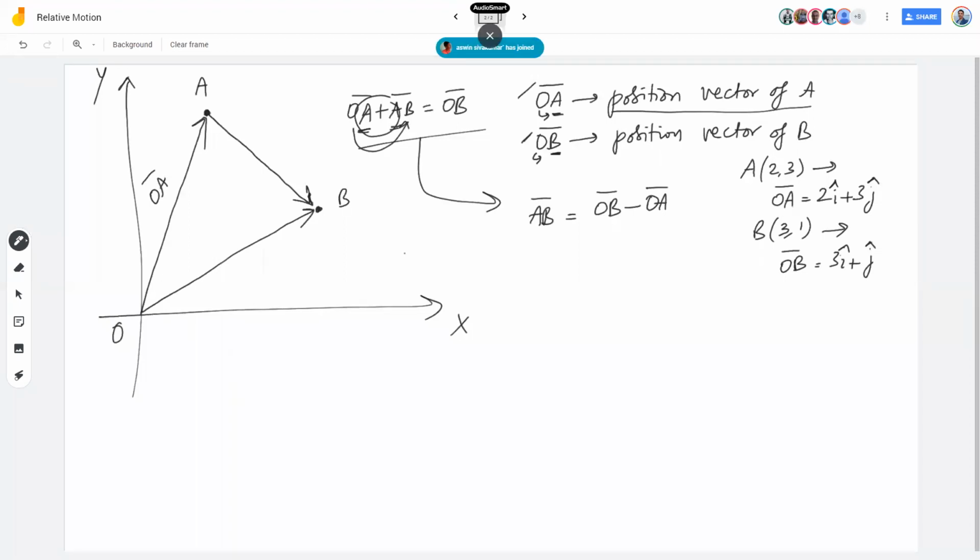So if I say AB bar, this means the position vector of which point with respect to which point? Which point is the reference here? Which point are you trying to point to?